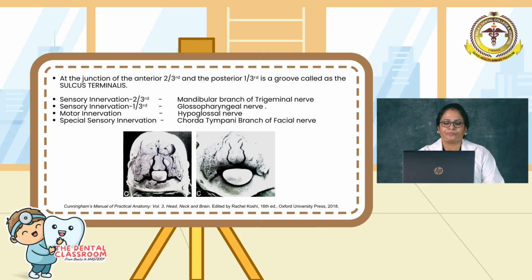Motor innervation is by the hypoglossal nerve. And the most important part is special sensory taste sensation for the anterior 2/3, which is by the chorda tympani branch of the facial nerve. Together these nerves allow the tongue not only to perceive touch, pain, and temperature, but also to appreciate taste. It also plays a role in speech and swallowing.